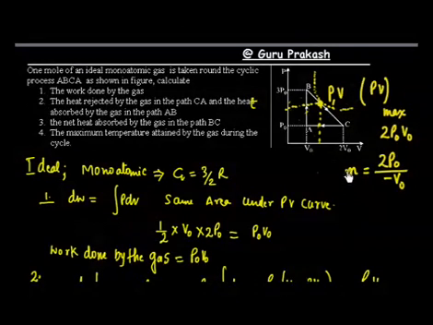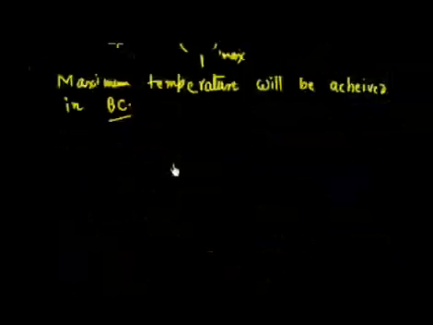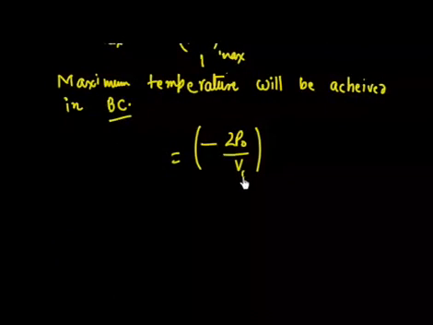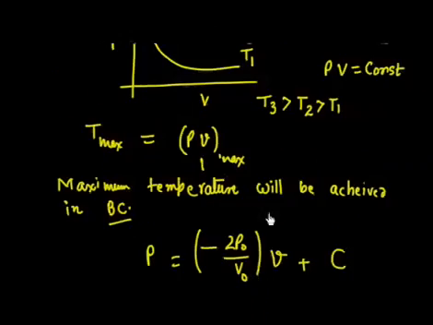I have to find the equation of the line, so let us say y is equal to mx plus c, and minus 2 P naught by V naught is the slope. On the y-axis we have plotted pressure, on the x-axis we have plotted volume. Are you getting or not?